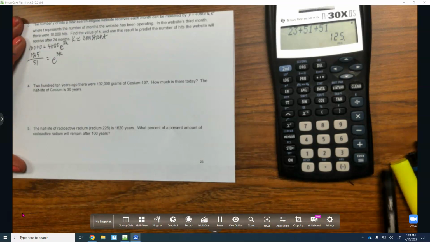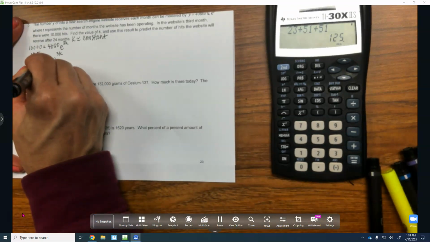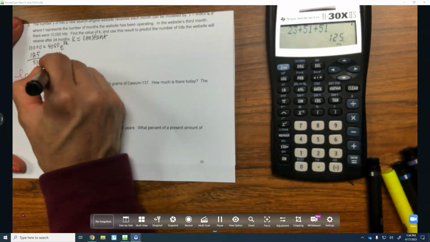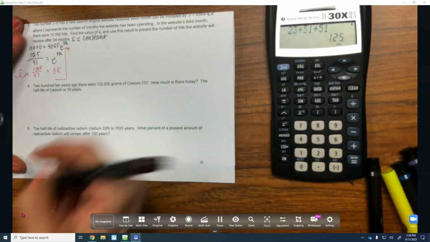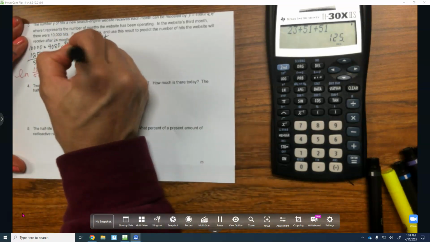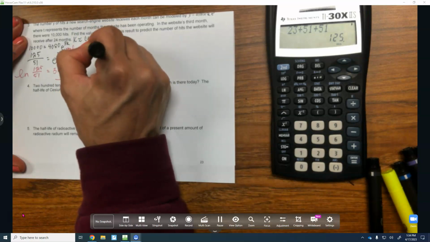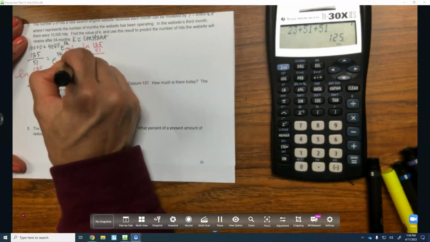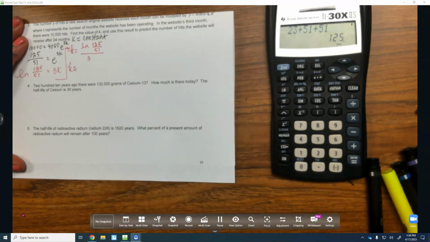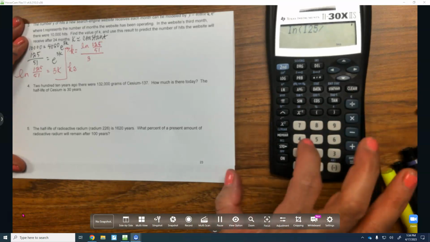Let's put this in log form. So natural log of 125 over 51 is going to equal 3k. So let's divide by 3, and then we'll have our k value. So k is going to equal the natural log of 125 over 51. Remember, all of this is being divided by 3. All right, here we go. Natural log of 125 divided by 51.